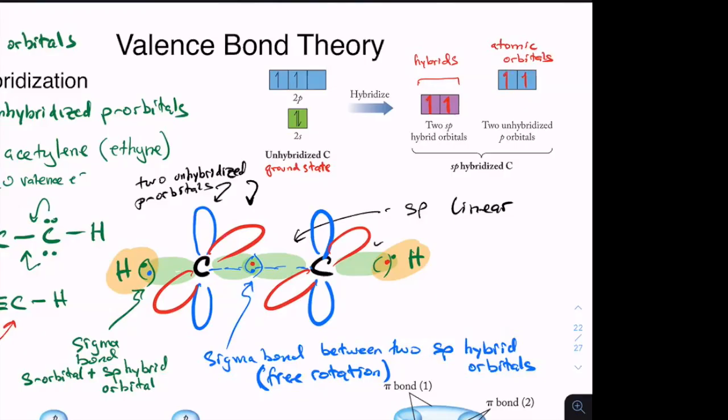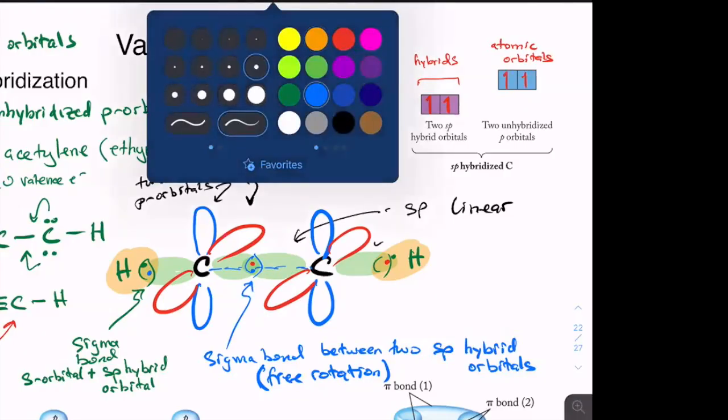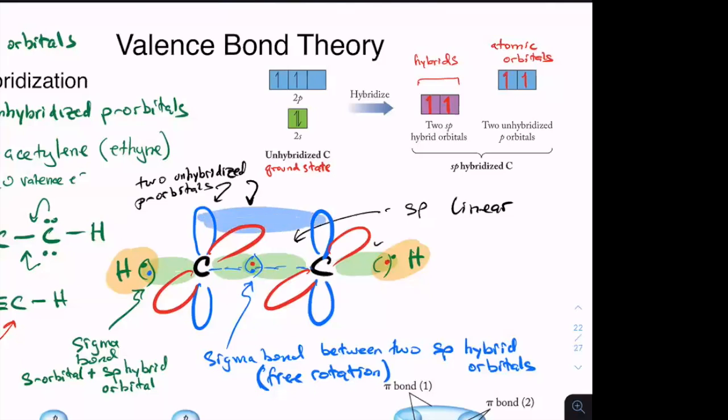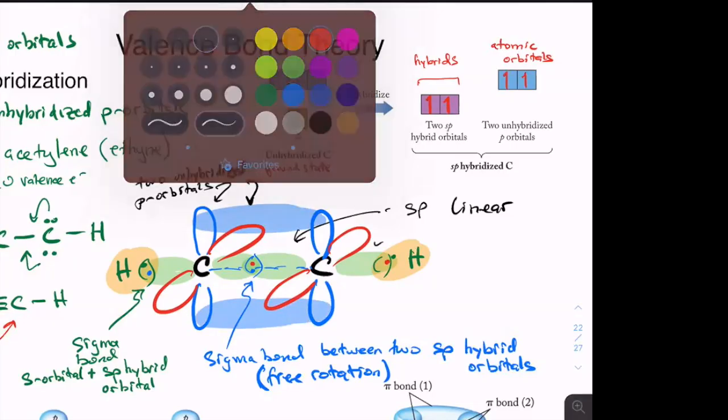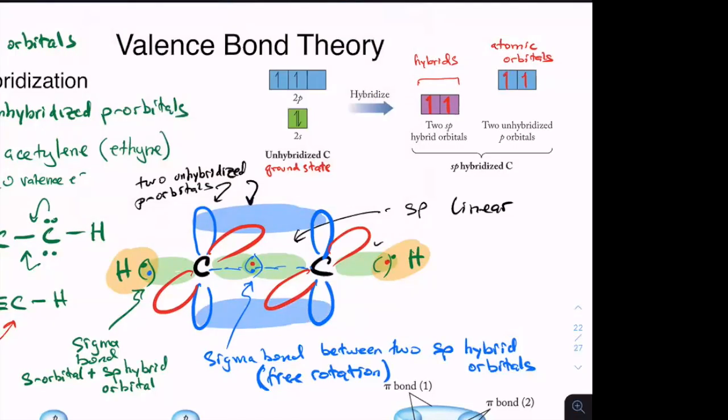It doesn't matter. The point is that once they're aligned, you're going to have overlap of the blues in this case, and that's going to form 1 pi bond. And then you're also going to automatically get the other pi bond form because these are all orthogonal to each other. So once one is lined up, whoops, the other one's going to be lined up as well. And you'll get overlap of the reds.